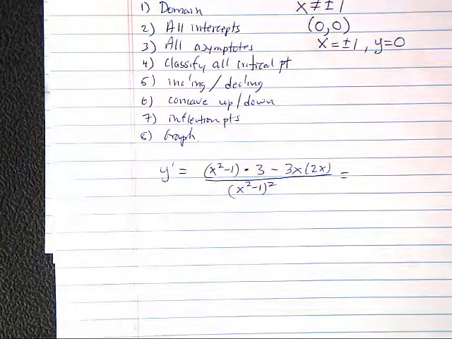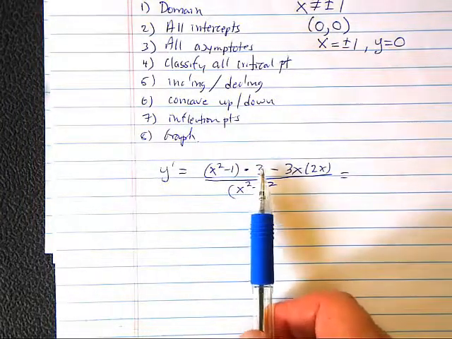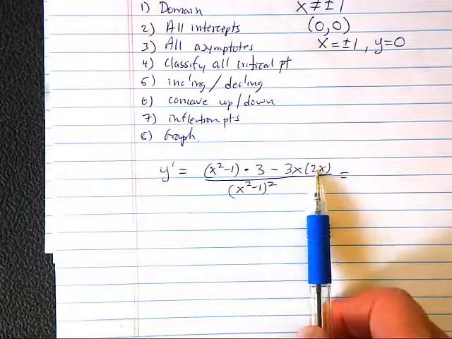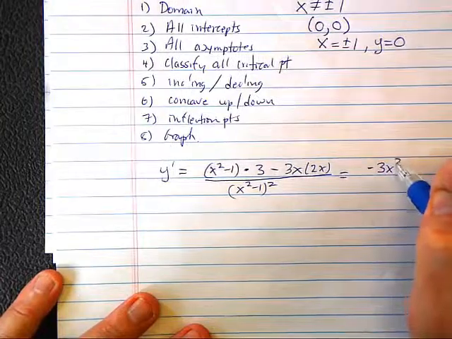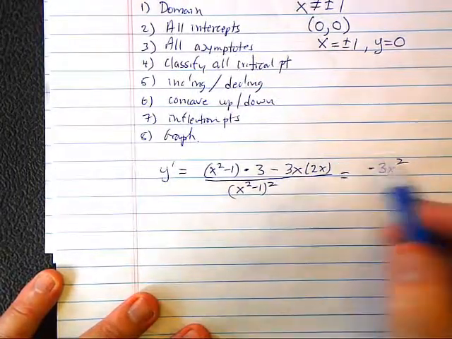If I simplify that, I'm going to have 3x squared minus 6x squared, so that's minus 3x squared minus 3.